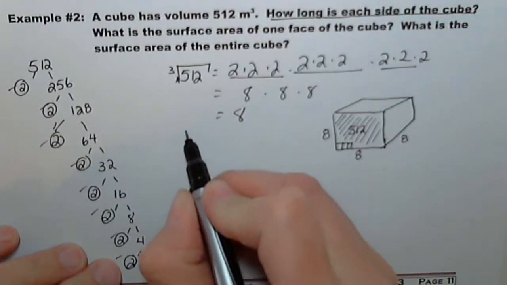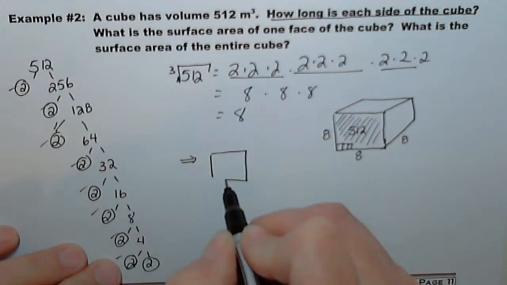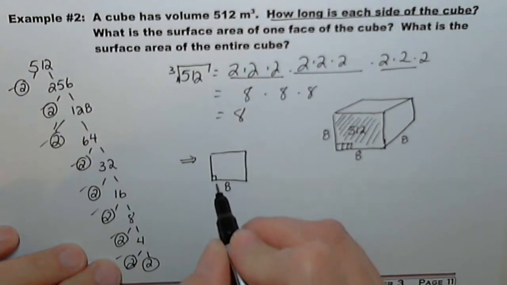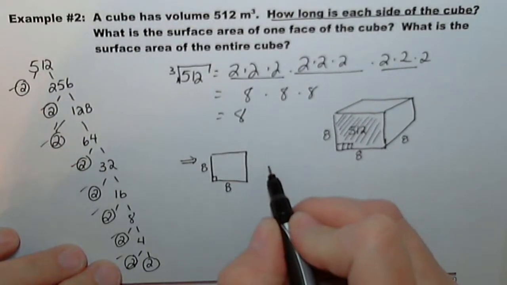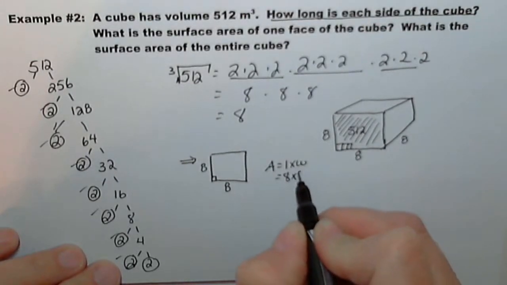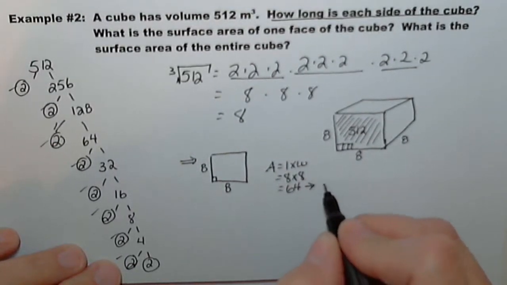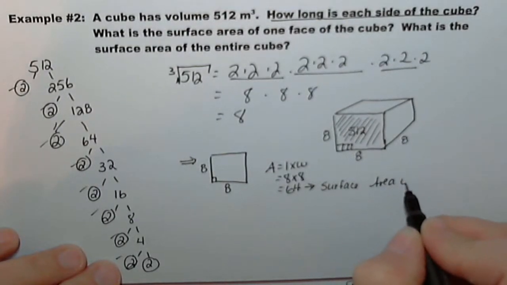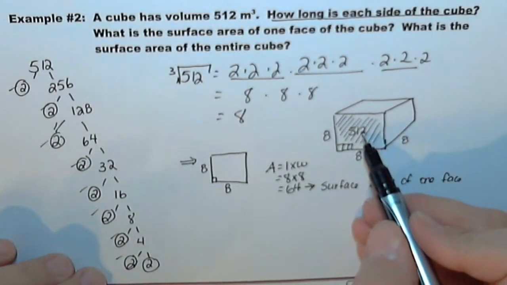Well, I'd be looking at a square front that is 8 little guys long and 8 little guys high. That's an area of length times width, which is 8 times 8, which is 64. And 64 is the surface area of one face. One side of the cube is called a face.